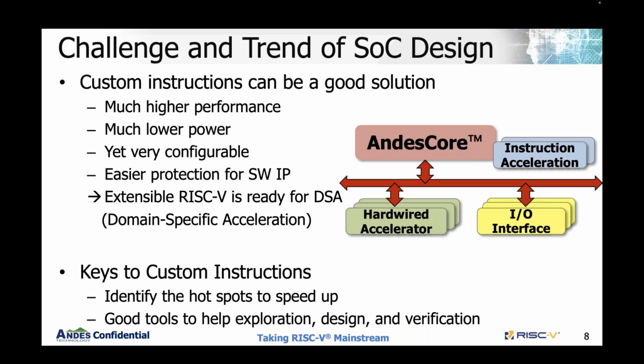So custom instruction can be a good trade-off. It provides much higher performance, much lower power, and it's very configurable. One side benefit is easier protection for your software IP, because the custom instruction is not exposed to the user.